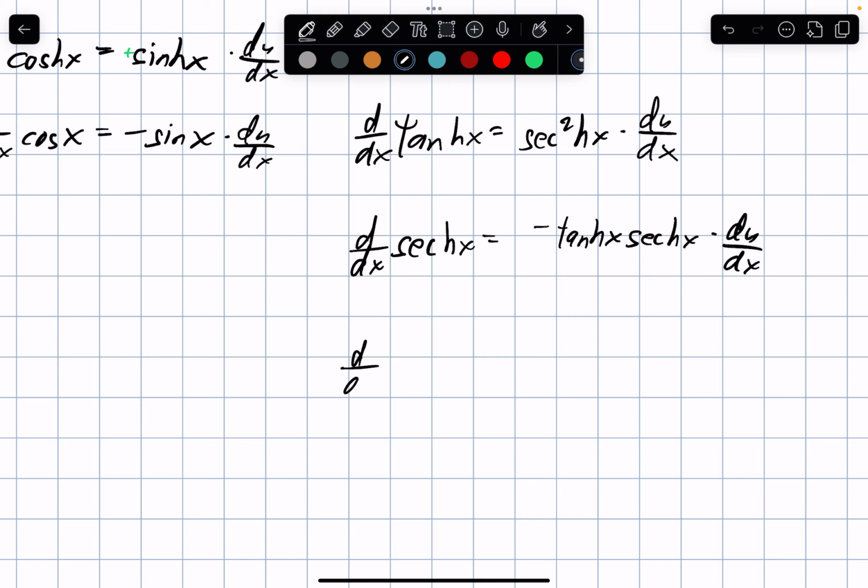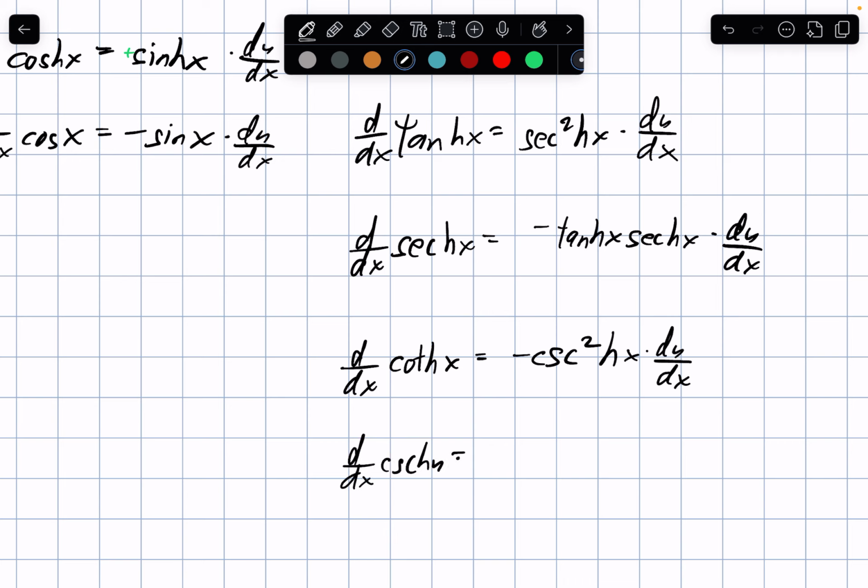And then d over dx coth x is equal to negative csch squared x times du over dx. How about for cosecant?